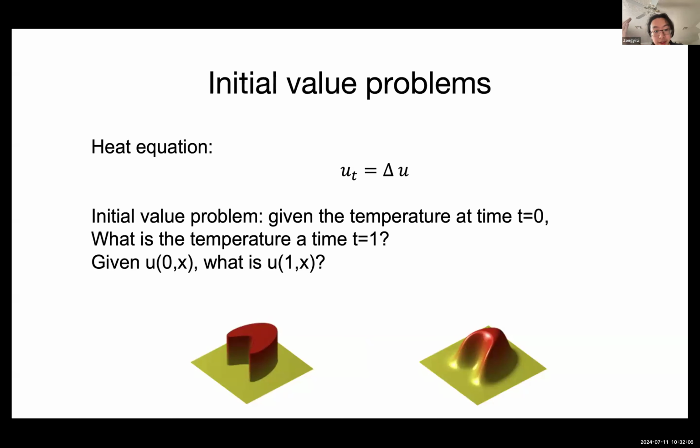For partial differential equations, there are many examples. For example, there are initial value problems. Given a small domain, we can solve how, for example, heat diffuses into the space. Given the initial conditions, we can solve for later times, for example, time equals 1.